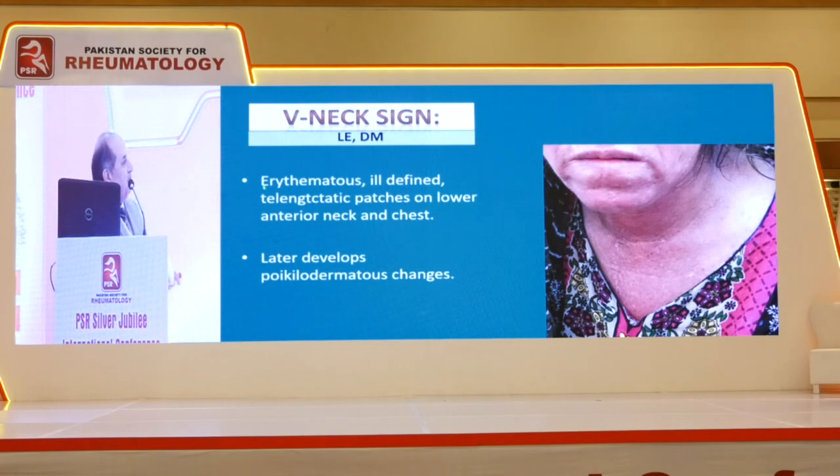This V sign is an erythematous, well-defined telangiectatic patch on the anterior neck and the chest, and we can see hyper and hypopigmentation later on in this region. This is seen both in lupus erythematosus, SLE, and dermatomyositis.